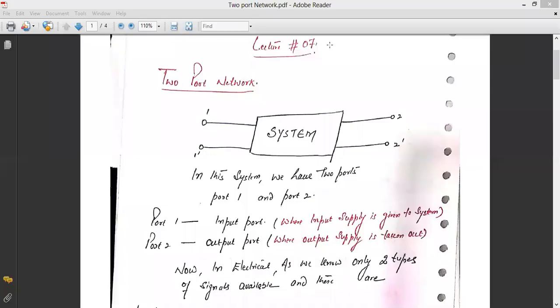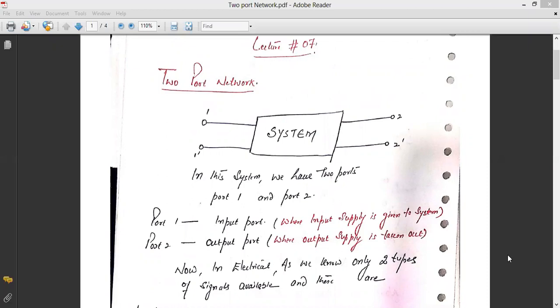Now, as you see on your screen, every system has a certain input and output. So you can say that 1 stands for input and 2 stands for output. 1 means where the input supply is given to the system, and 2 is the output port where the output is taken out.